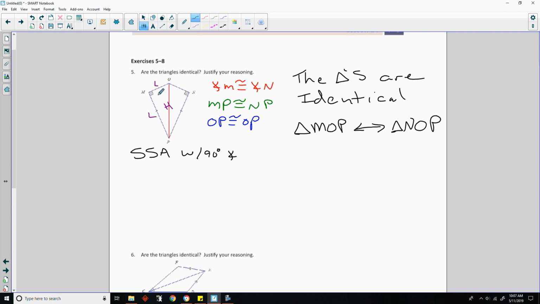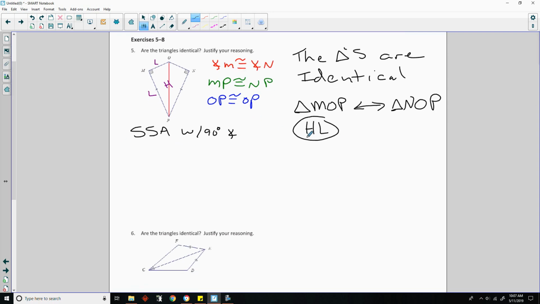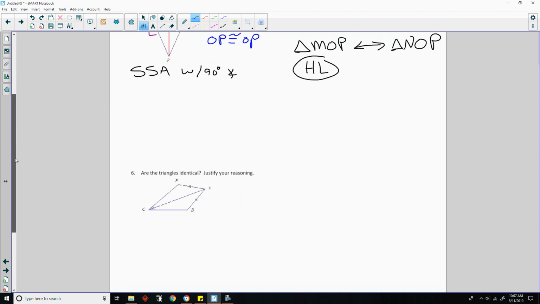So we have a right triangle. Opposite the longest side is the hypotenuse. So whenever we know that the hypotenuse is congruent to a hypotenuse and a leg is congruent to a leg, that is also called the HL theorem, hypotenuse leg theorem. You should learn that in 8th grade. So HL, hypotenuse leg. There, you learned it here.